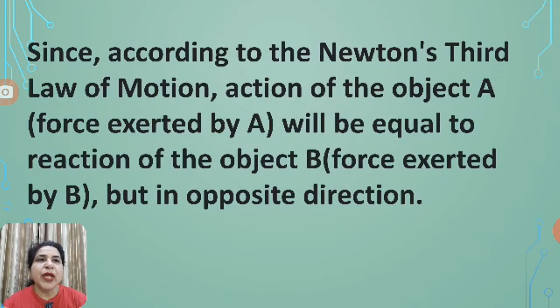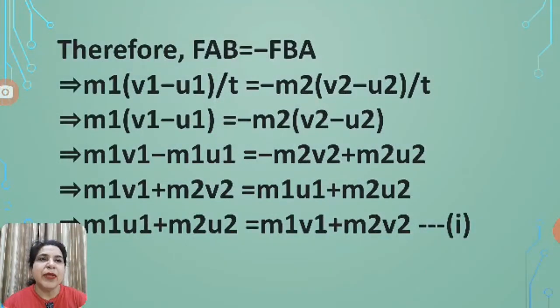Now, we know that according to Newton's third law of motion, the action of object A is equal to the reaction of object B, but in the opposite direction. So FAB is equal to minus FBA. Putting the values here, FAB is m1 (v1 minus u1) upon t, and FBA is m2 (v2 minus u2) upon t.